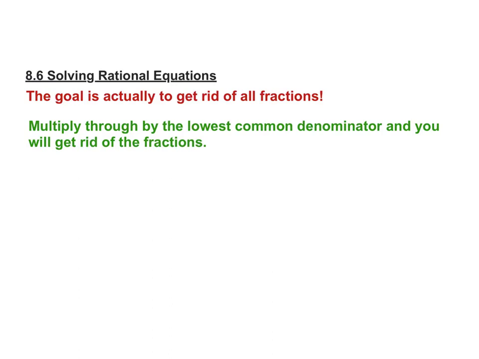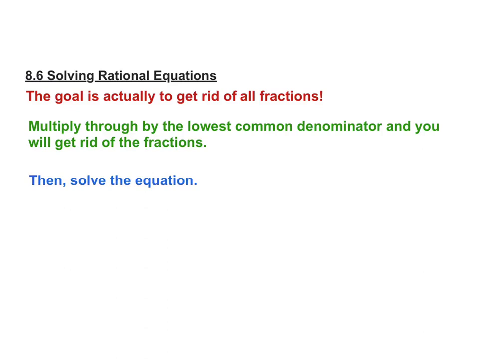This strategy will allow us to get rid of fractions. And we've done this earlier in the year with some other types of equations that had fractions in them. Okay, but this strategy will work in this situation as well. You've got to find the lowest common denominator and then multiply all the terms by it, and then the fractions should go away.